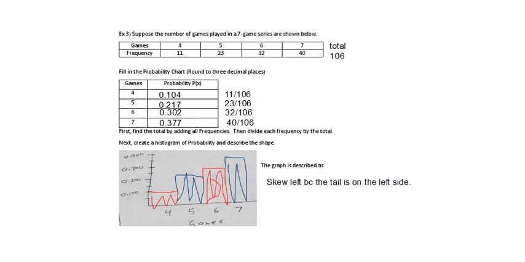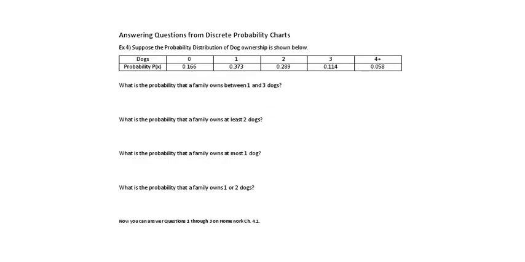All right. So now there may be a question where you're given a chart that's already filled in, and they want you to answer questions related to it. Like the first question is, what is the probability that a family owns between 1 and 3 dogs?